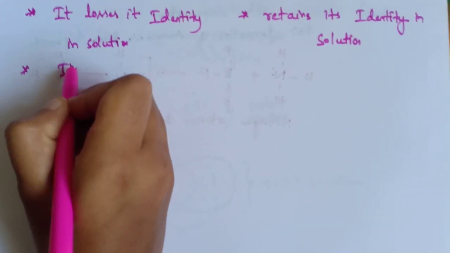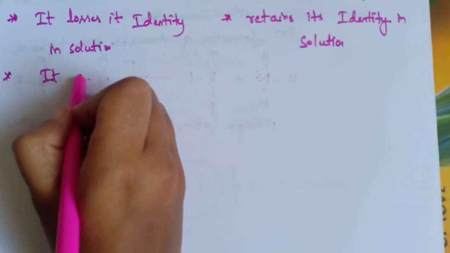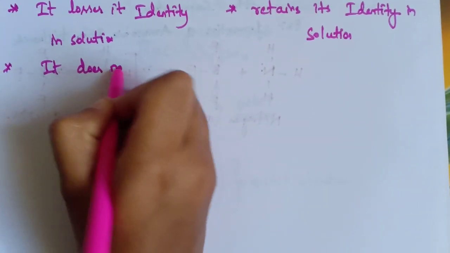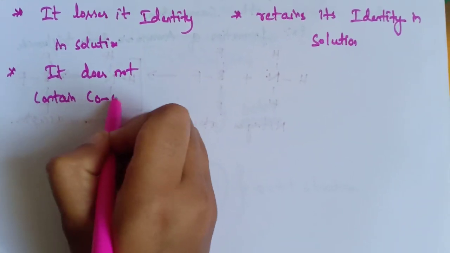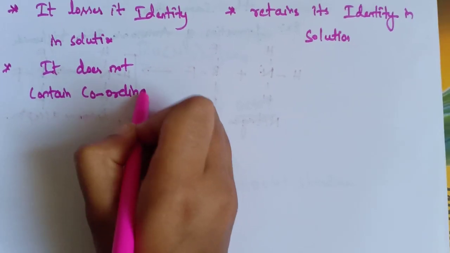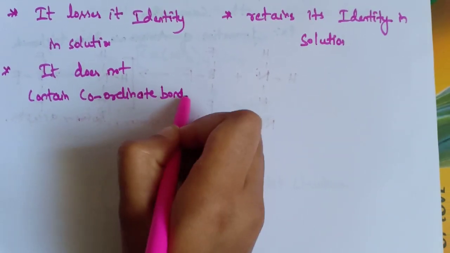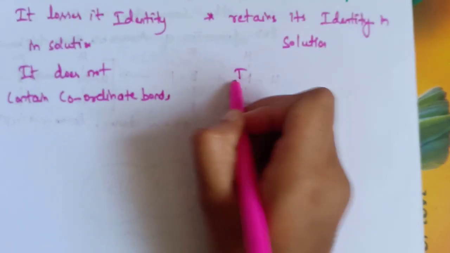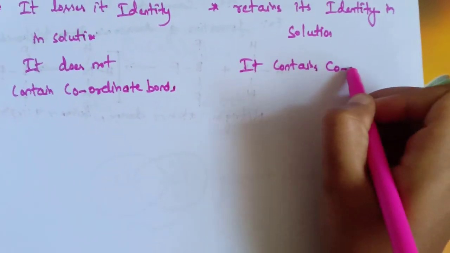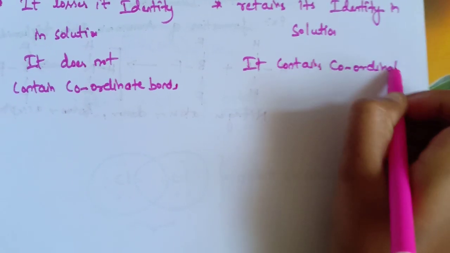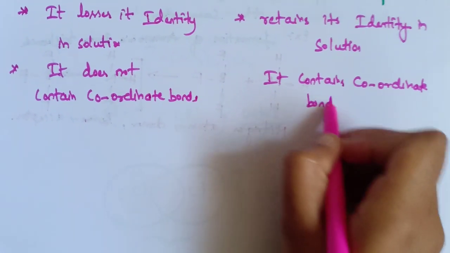And here the double salt does not contain coordinate bonds, but the coordination compound contains coordinate bonds.